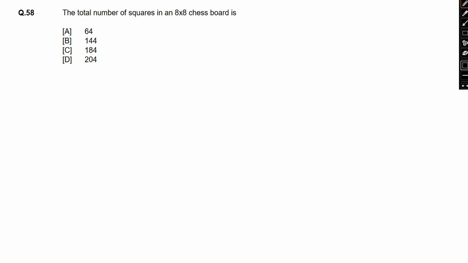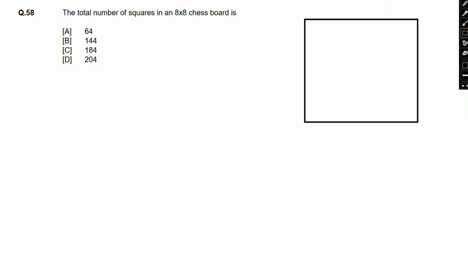So if we talk about an 8 into 8 chessboard, suppose this is my board.